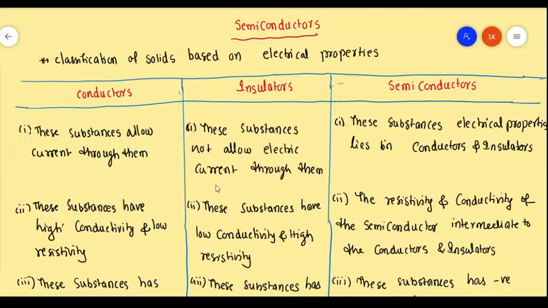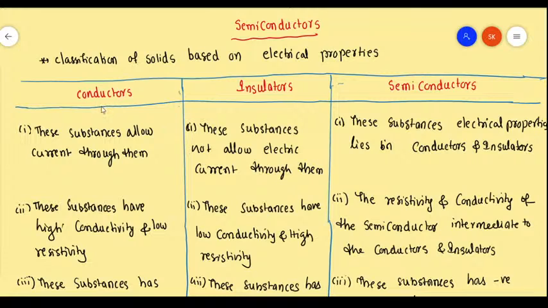Why does some material act as a conductor, some as an insulator, and some as a semiconductor? Because of the availability of free electrons. Every substance is made up of atoms, and every atom is made up of protons, neutrons, and electrons. Whatever the substance, any matter contains atoms and electrons.